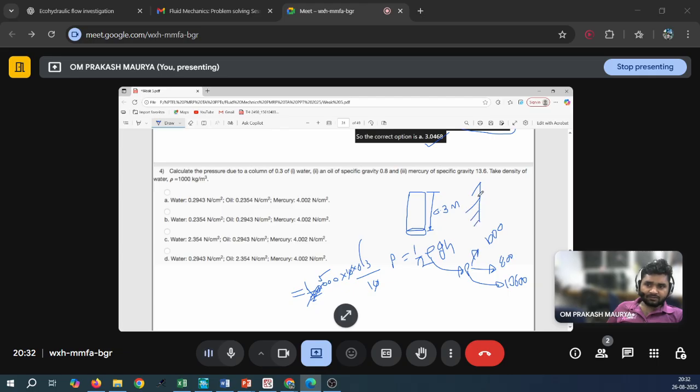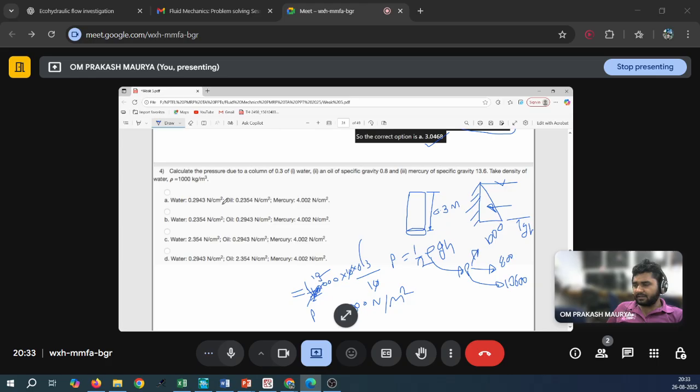Suppose you have a support and the water on this side. When you calculate the pressure, your pressure distribution will be like that. When you calculate on the base, then it is not half. On the base, it is rho g h only, so here 10 will remain. So around 3000 Newton per meter square. This is your pressure.